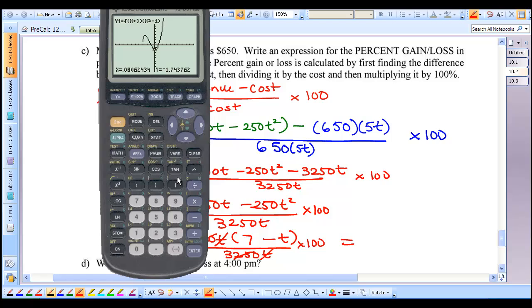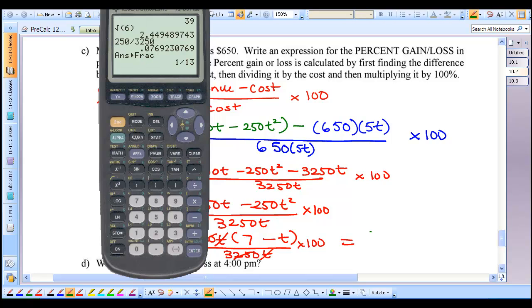Oh, my calculator. My dear calculator. Where art thou when I need you? 250 divided by 3250. Okay, I want that as a fraction, so math, number 1, press enter. Oh yeah, 1/13.